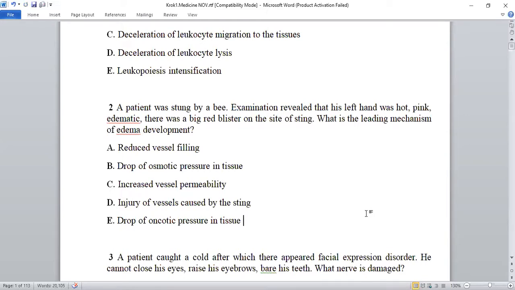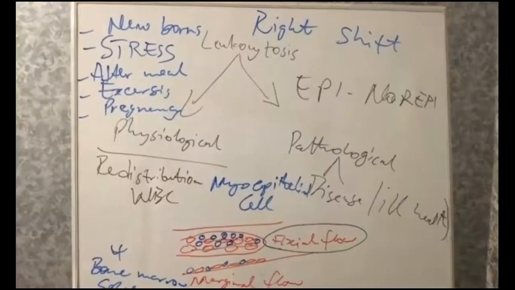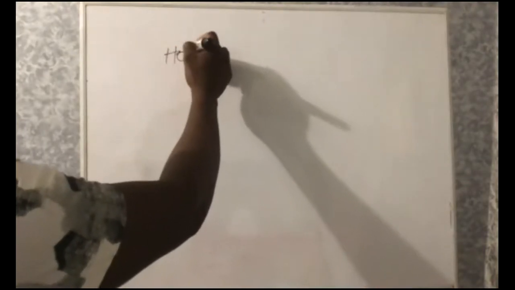All right. So this patient was stung by a bee. When the bee bit the person, the site where the bee bit became hot, it became pink, it became edematic.